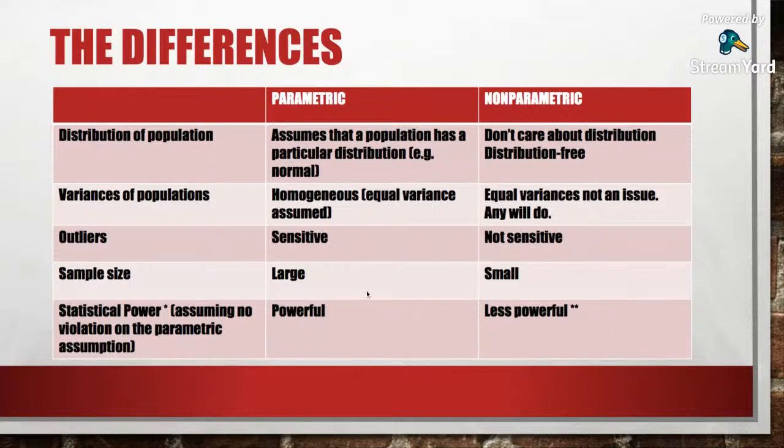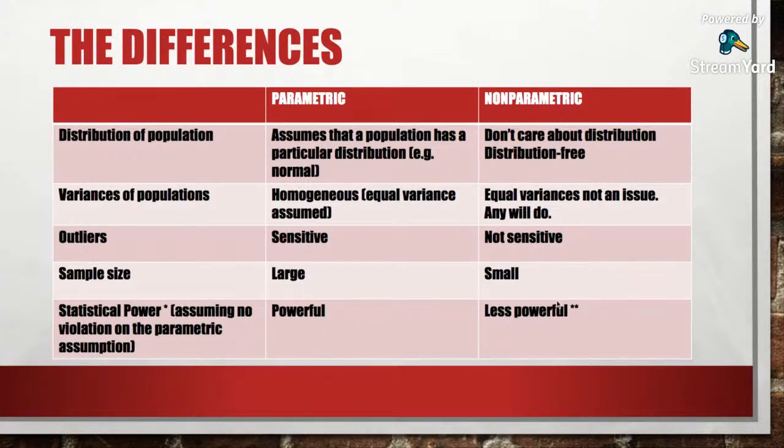And then we also have statistical power. Assuming that there is no violation of the parametric assumptions, so let's say all the assumptions for parametric tests are met, then the statistical power of parametric tests is higher, or it's powerful.